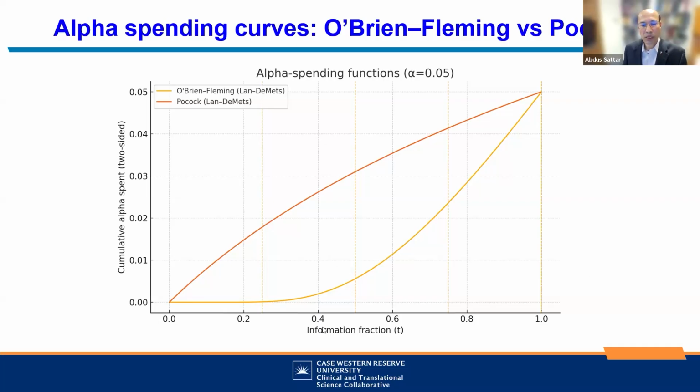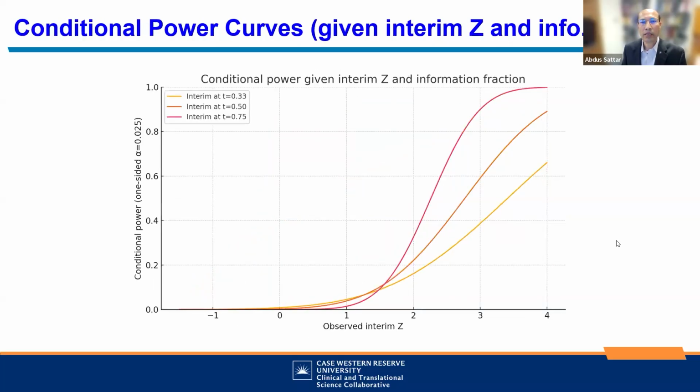So depending on the information fraction, we can preserve the type 1 error while we are doing the interim analysis using the OBF or Pocock methodology. And the other concept here is conditional power. We can compute the conditional power, generally recommended toward the end of the study.